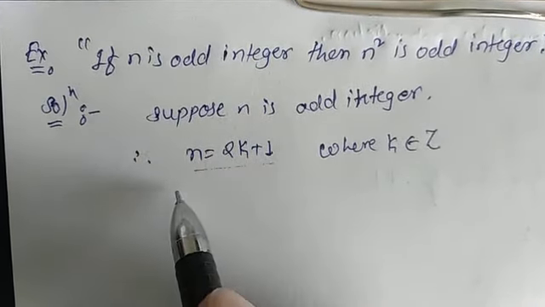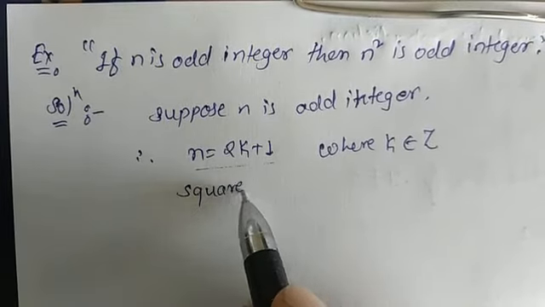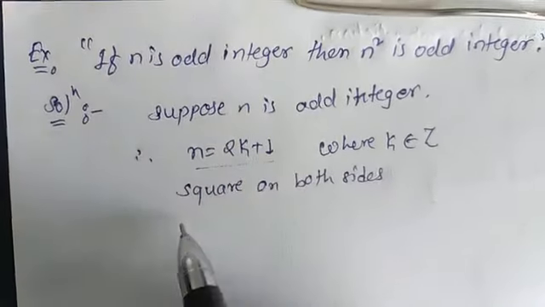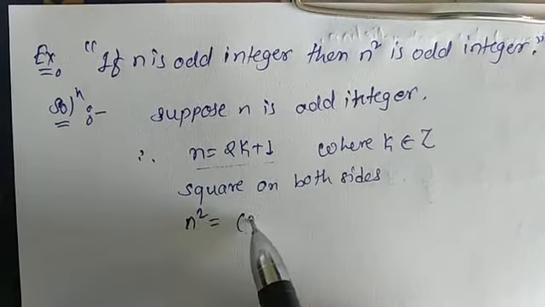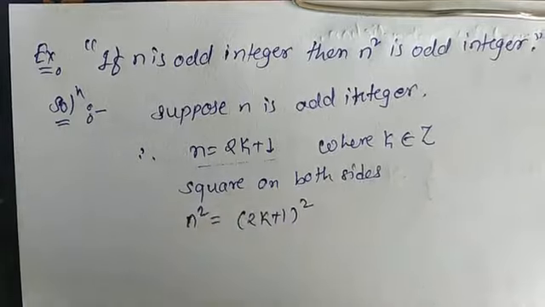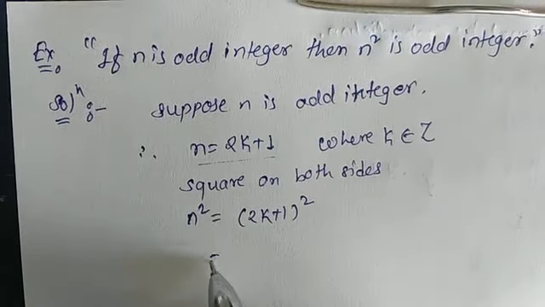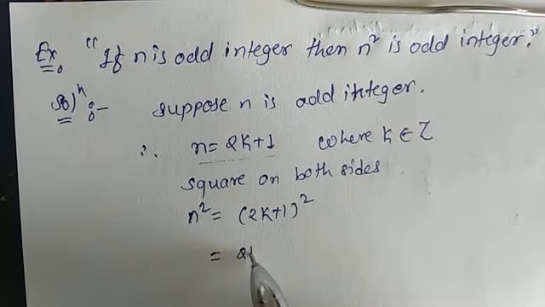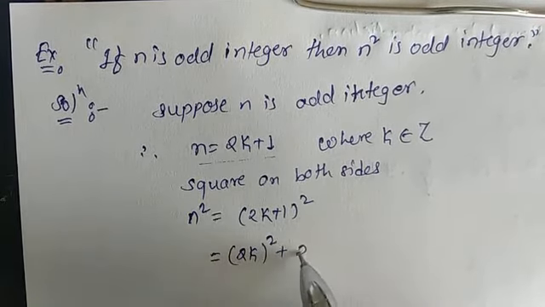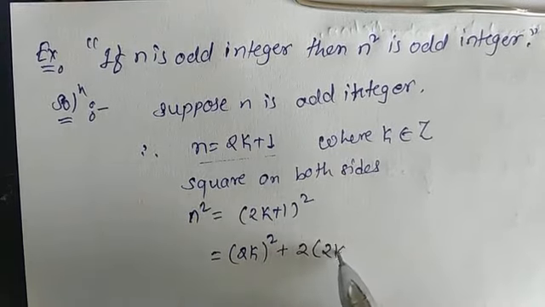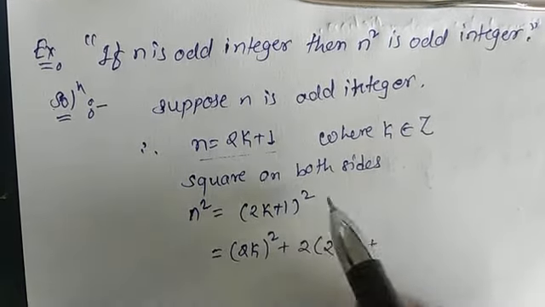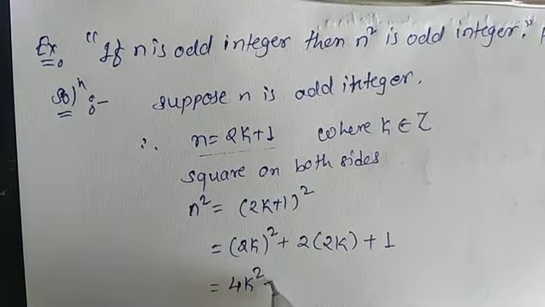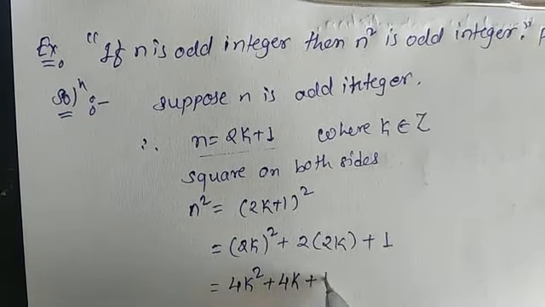Now taking the square on both sides, it will give n square is equal to (twice k plus 1) whole square. Which is (twice k) square plus 2 into twice k into 1, plus 1 square, which is 4k square plus 4k plus 1.